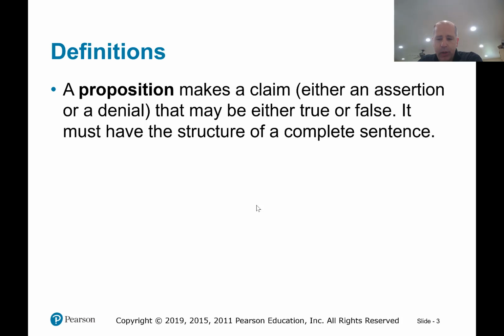Exclamations obviously are not propositions either, right? If I say wow or fantastic, those are not propositions.